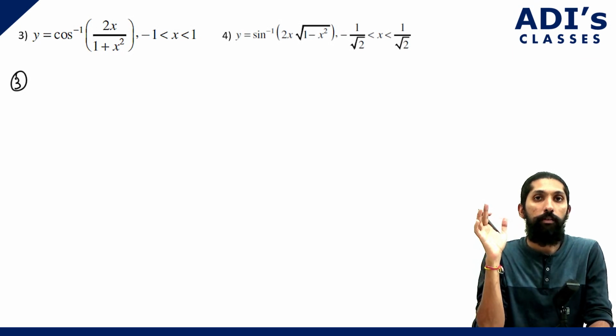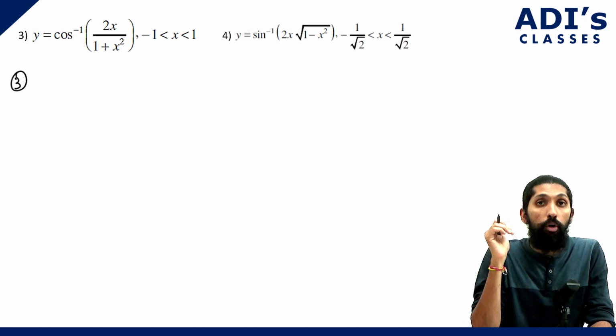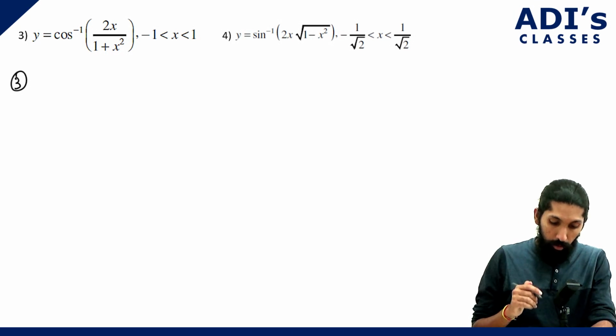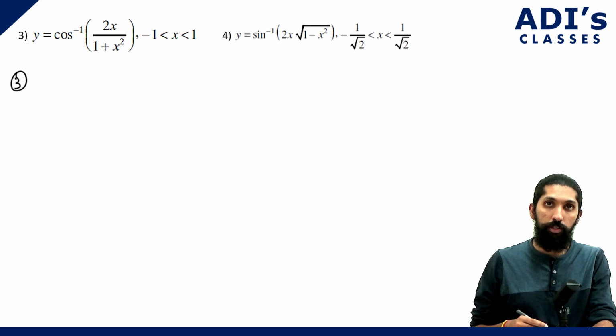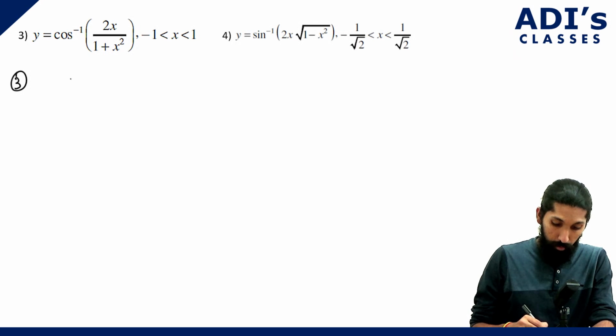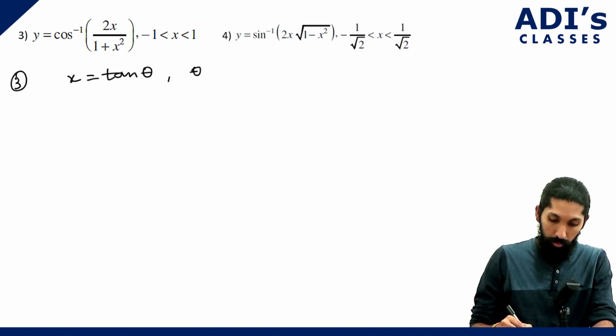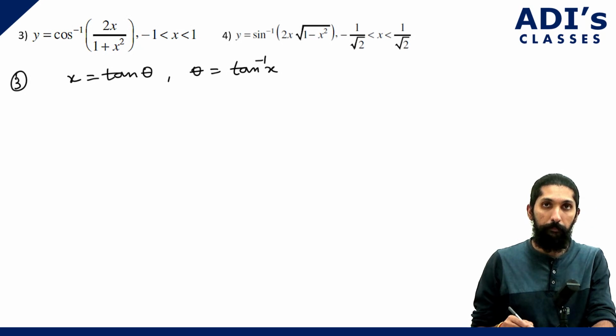Again, if you remember, sine 2x was 2 tan x by 1 plus tan square x, isn't it? So when you take cos inverse of this particular function, what do you do? Take x is equal to tan theta. So theta is equal to tan inverse of x, isn't it?